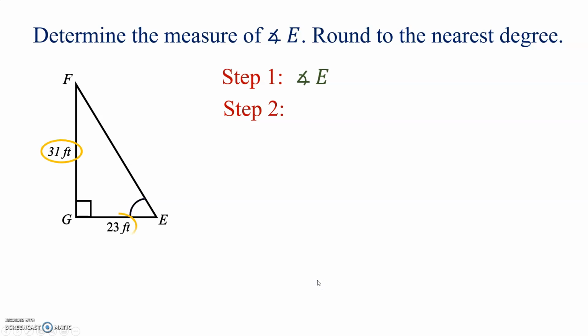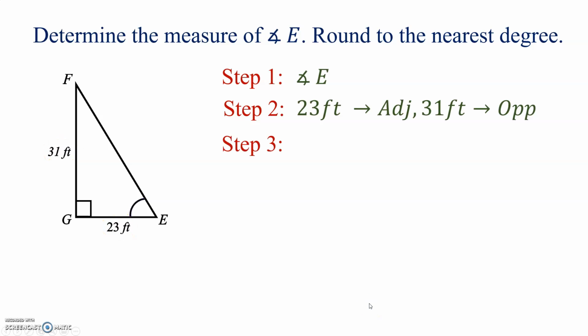Well, we're working with the 31 feet and the 23 feet. The 31 feet is opposite angle E, while the 23 feet is adjacent. Because this side here, the longest, is always the hypotenuse. So we're working with the 23 feet, which is adjacent, and the 31 feet, which is opposite.